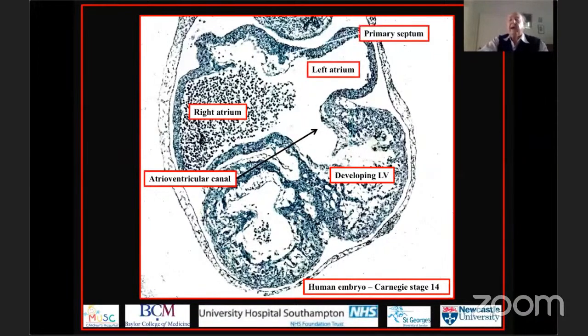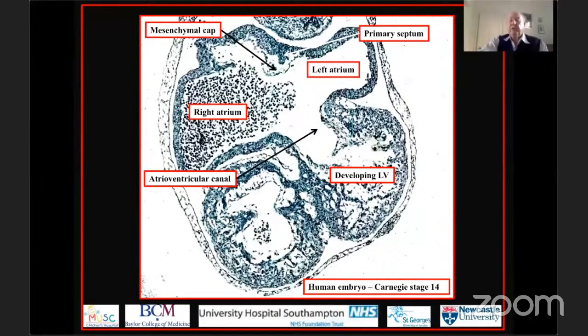But there now, in the roof of the developing primary atrium, we see the primary atrial septum. And the key point here, on the leading edge of the primary septum as it grows into the atrium, we have a mesenchymal gap. And as the primary atrial septum grows, it grows towards the atrioventricular canal.